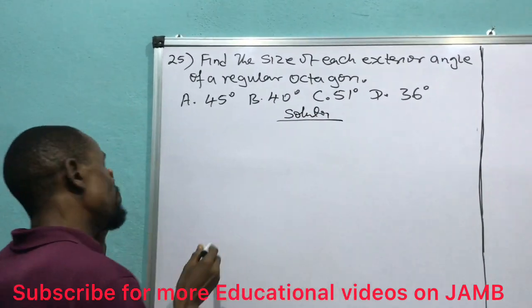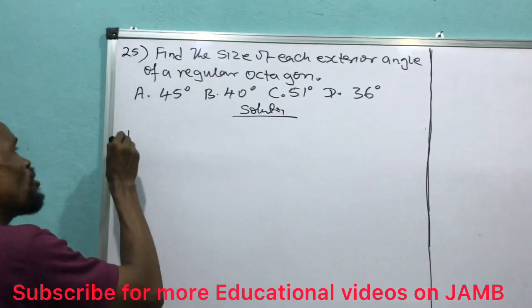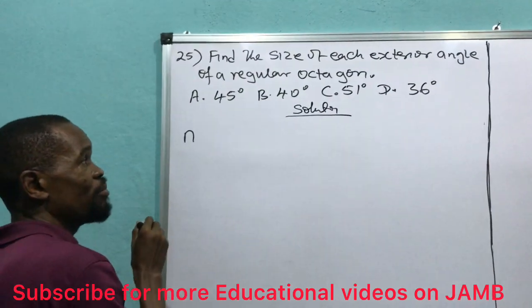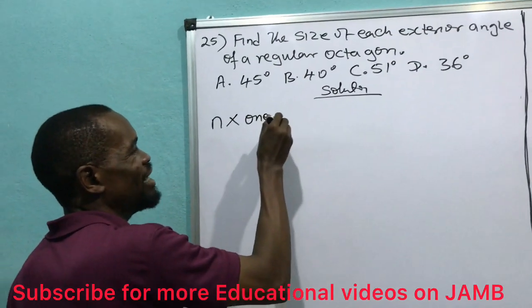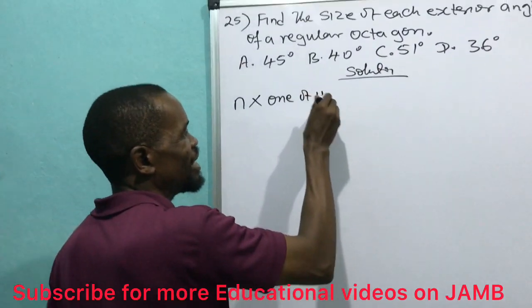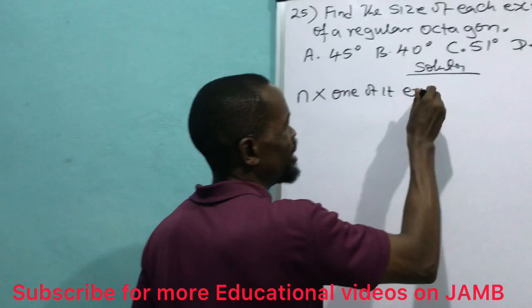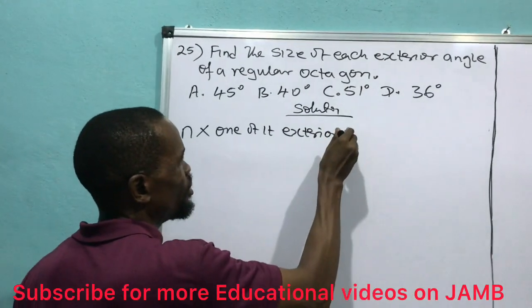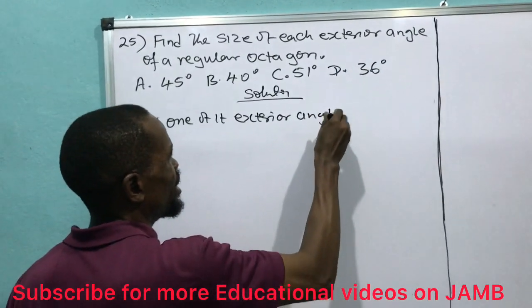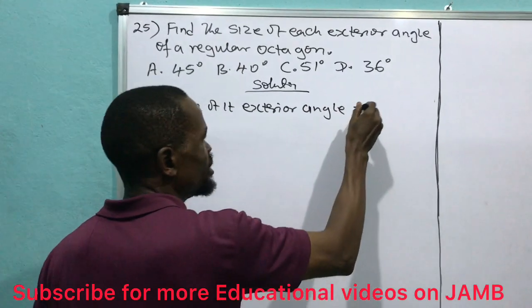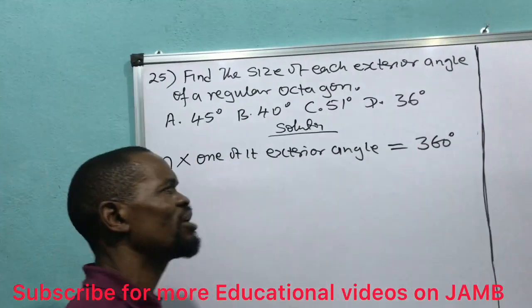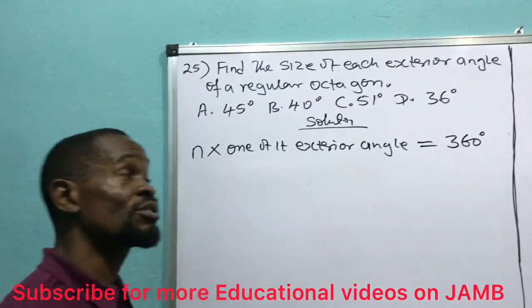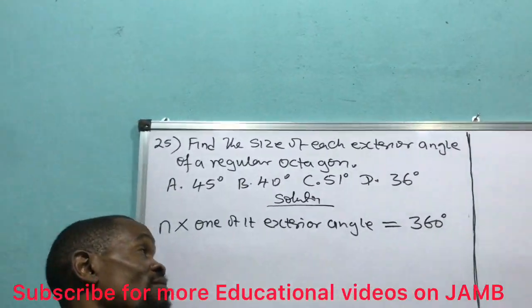Solution. You remember that we say the number of sides of a regular polygon times one exterior angle is equal to the sum of the exterior angles. What is the sum of the exterior angles? 360 degrees. That's the sum of the exterior angles of a regular polygon.